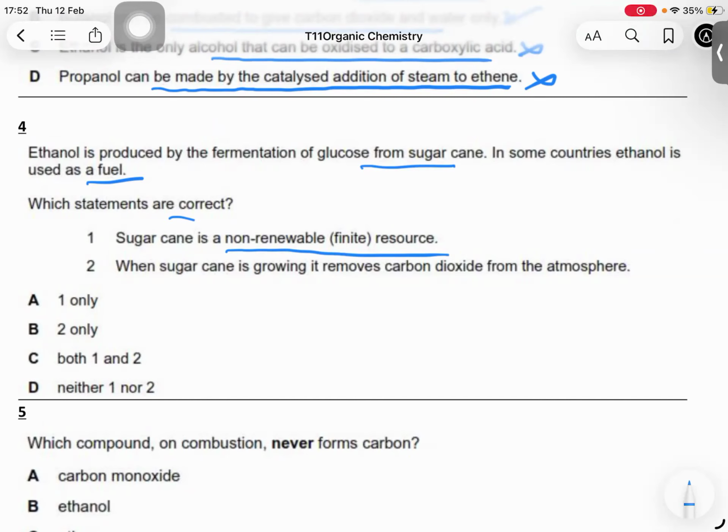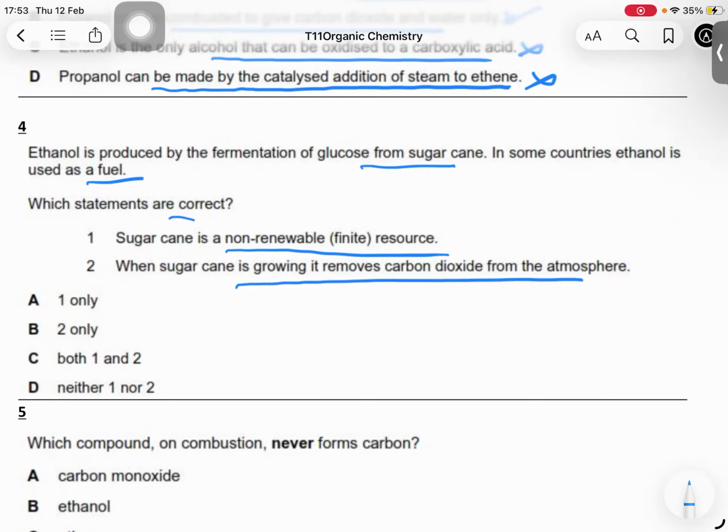Is it non-renewable, meaning once you use the ganna you can't get it back, or is it renewable? Obviously that particular piece won't come back, but you can always get sugar cane. It's a renewable energy source. Okay. When sugar cane is growing, it removes carbon dioxide from the atmosphere.